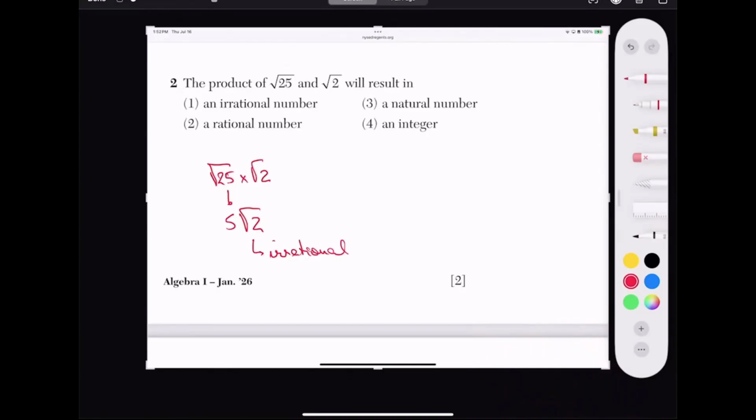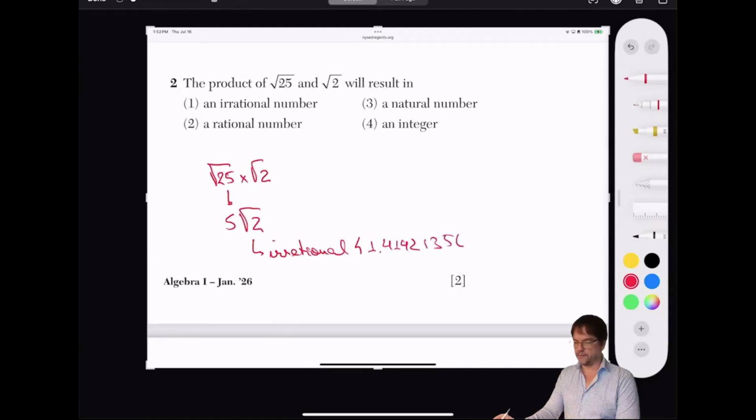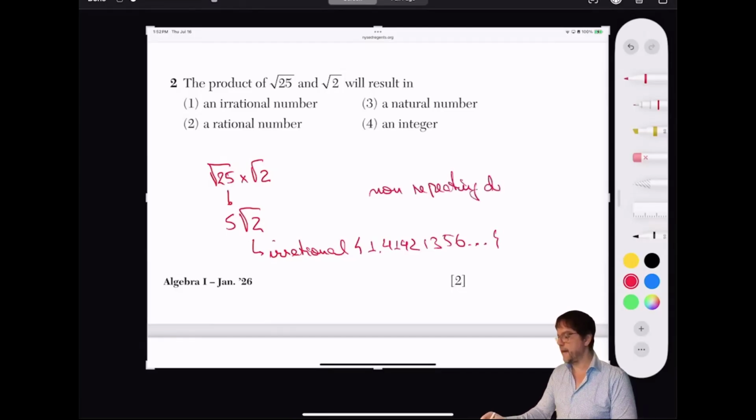Square root of 2, equal. Look. What is the square root of 2? So, square root of 2 is a number approximately 1.4142 1356. So it is a non-repeating decimal.